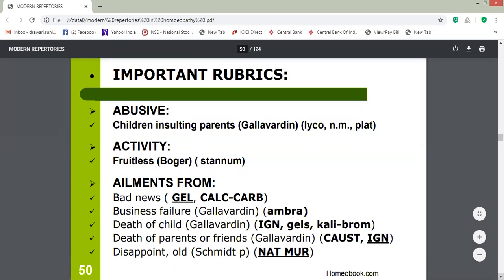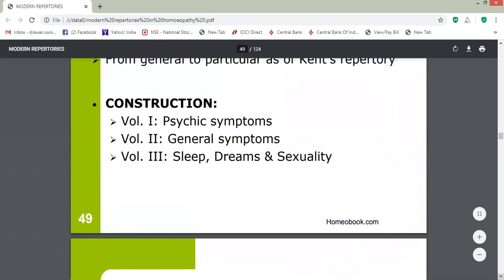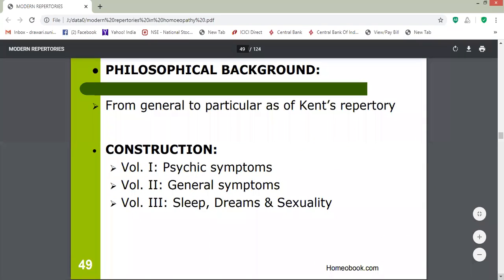The second volume contains the general symptoms, including food effect with desire, aversion, thirst and its peculiarities.